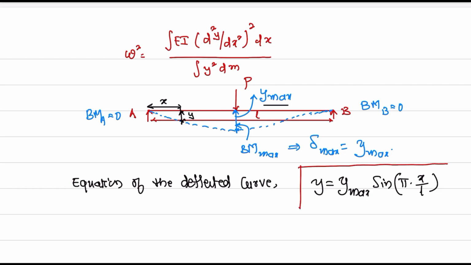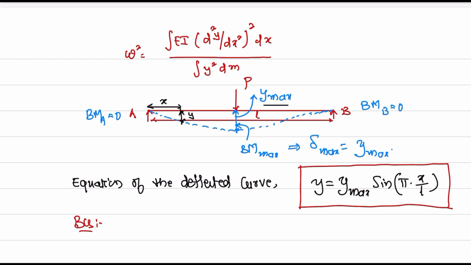This is very important. In the cantilever, the equation is y is equal to y max into 1 minus cos (pi by 2) x by L. Here it is y is equal to y max sin pi x by L. Now, let us check the boundary conditions.